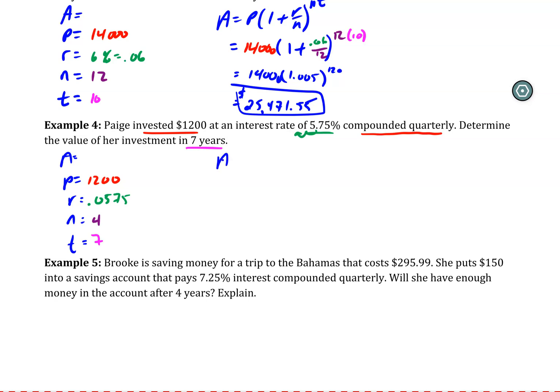So let's calculate this. A is equal to 1200 times 1 plus 0.0575 divided by 12. And then that's all raised to the 12 times 7.